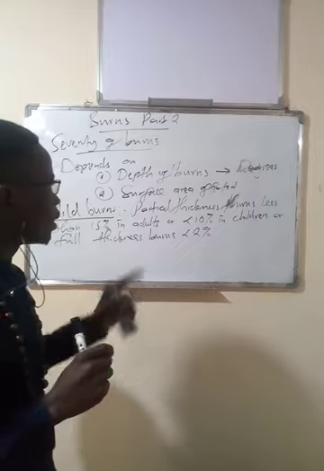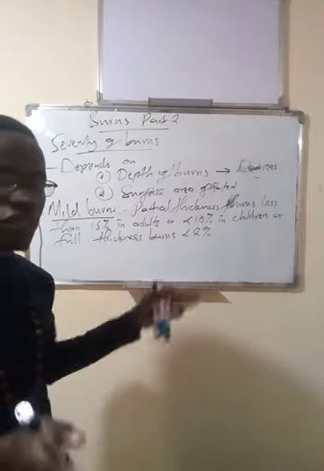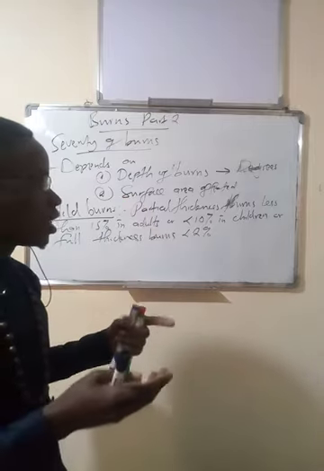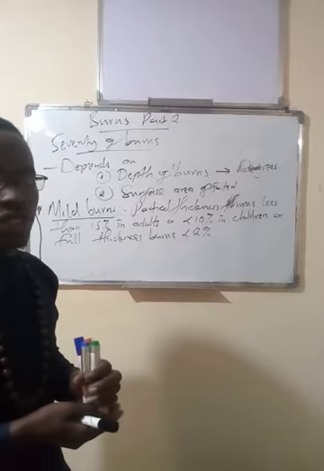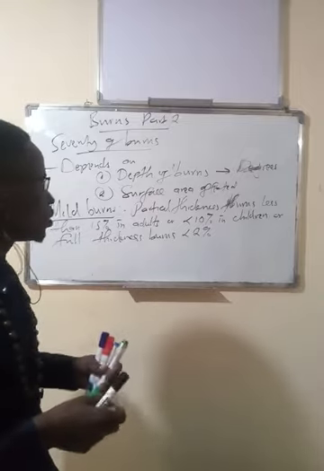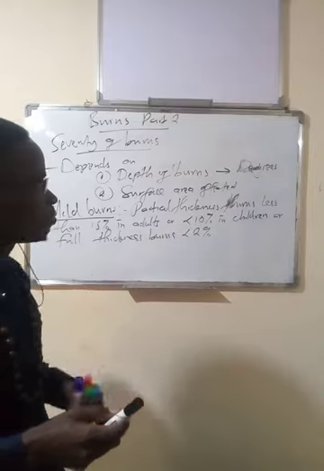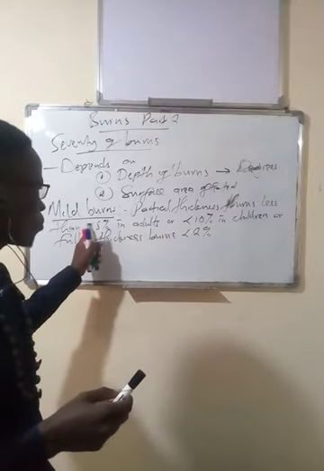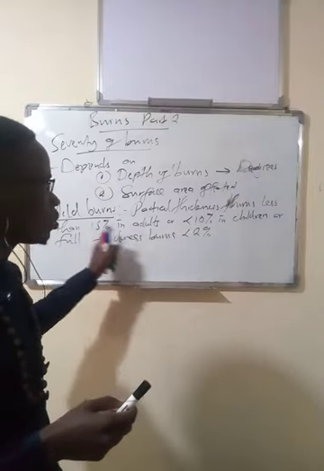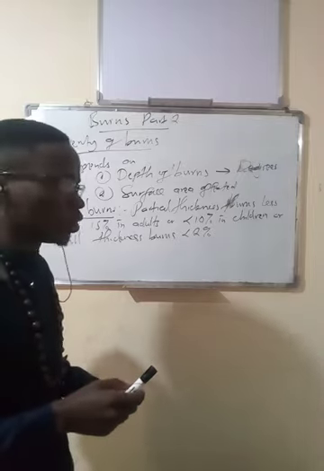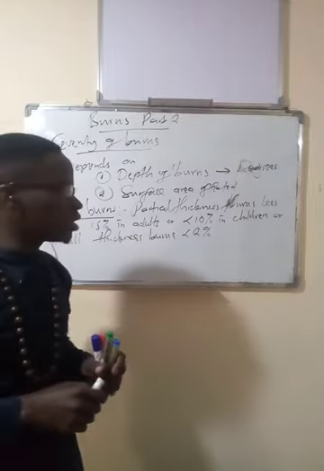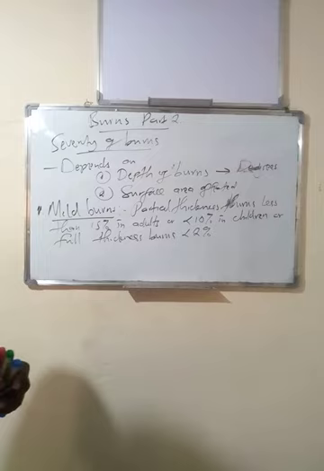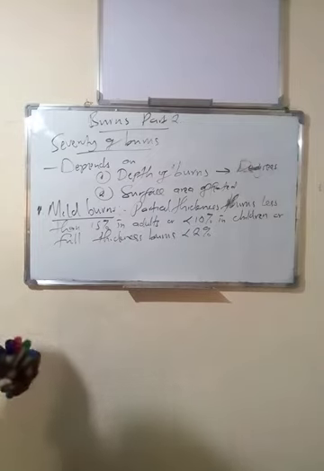On the other hand, the larger the surface area affected, the more severe the burns are. So mild burns consist of partial thickness burns less than 15% in adults or less than 10% in children, or full thickness burns that are less than 2% in terms of surface area.